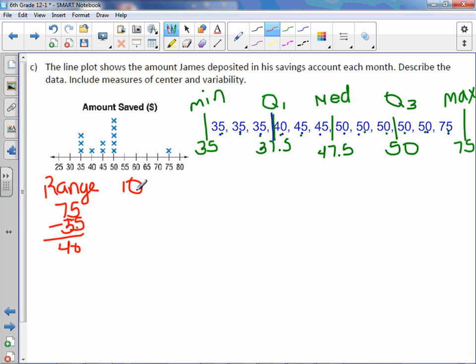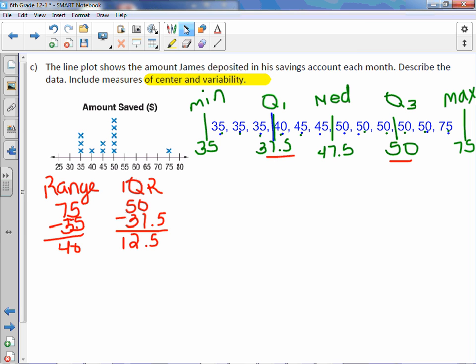And our interquartile range would be 50 minus 37.5, which is 12.5. Okay. Now this problem is slightly different from the other two because it just says to include the measures of center and variability. It doesn't specify which ones, therefore we need to write them all.